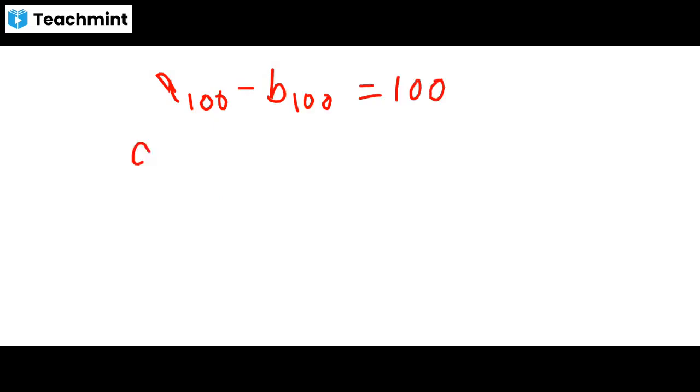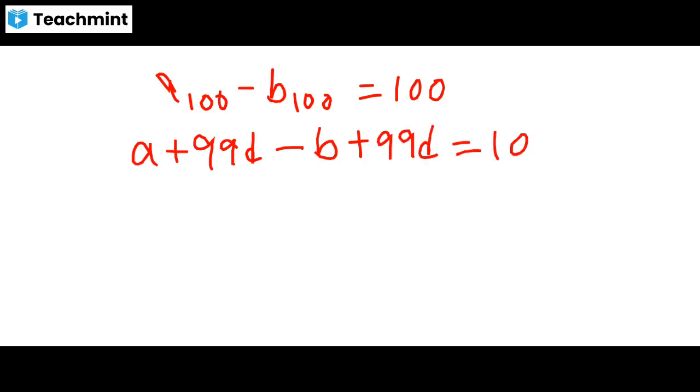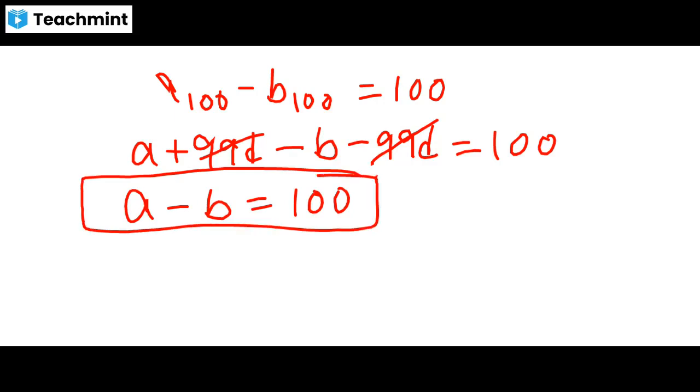A plus 99D minus B100, how do you write? B plus 99D, that is equal to 100 we have. Sorry, this you should write with a minus. Now what can get cancelled here? 99D minus 99D gets cancelled. So what do you get? A minus B is equal to 100. So this we got, A minus B is equal to 100.